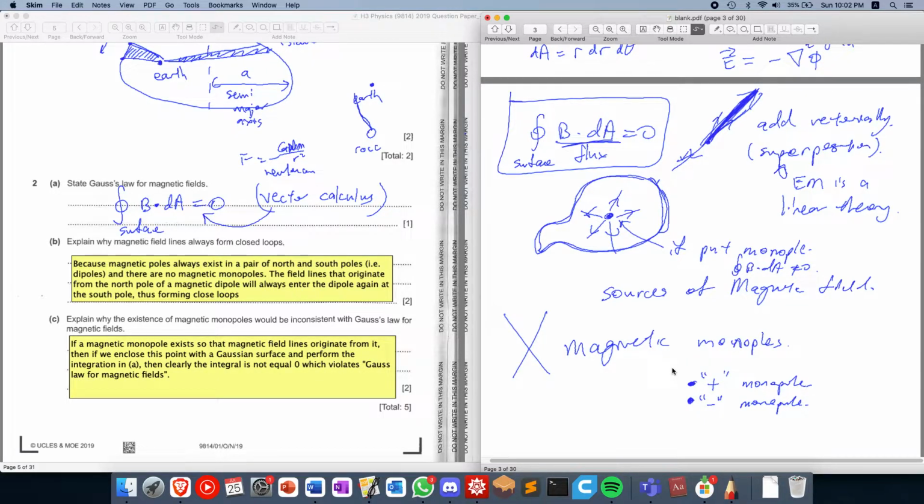So essentially, what this is saying is that the positive monopole must be right beside the negative monopole, such that you cannot insert such a surface.